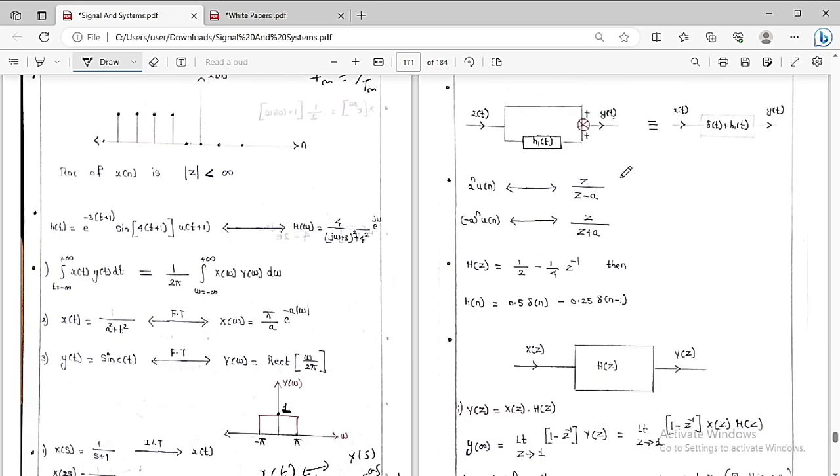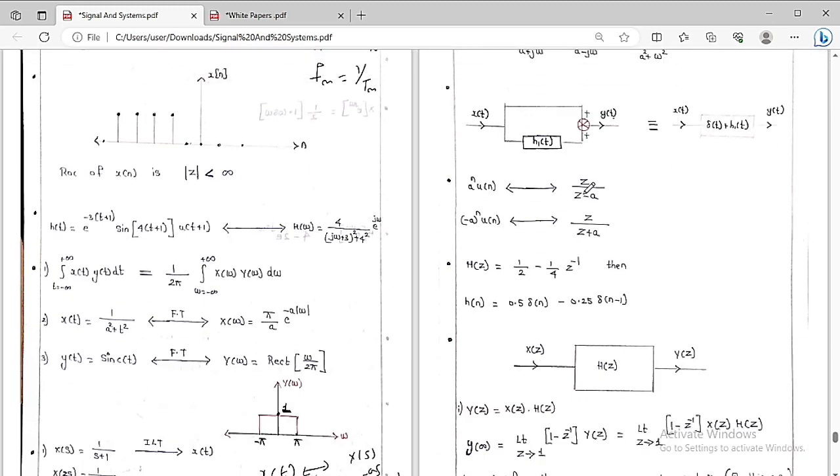Now the next point is, suppose this is some system. What is the equivalent model I can write? Here the signal is x of t. Here the signal is x of t convolution of h1 of t.